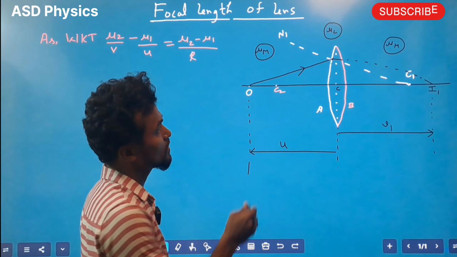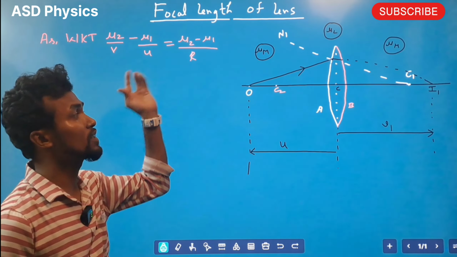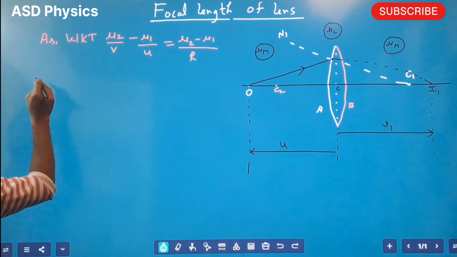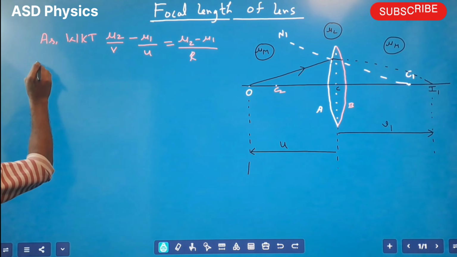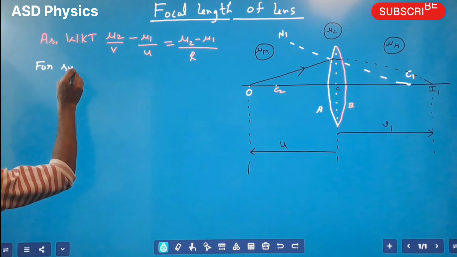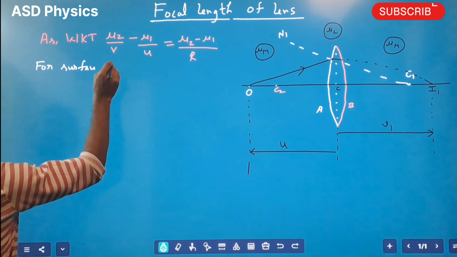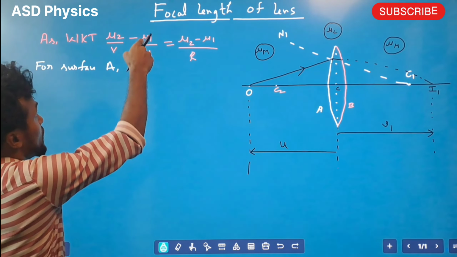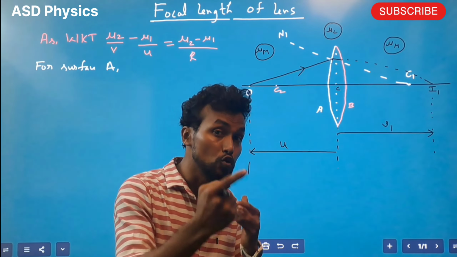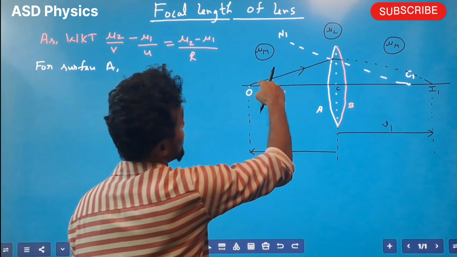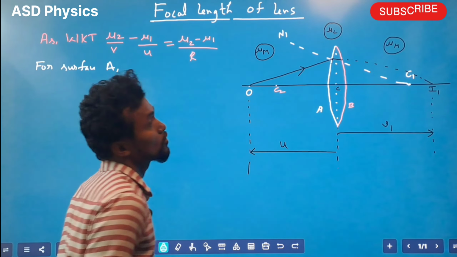So now we are going to use this formula for surface A. Let me change the color here. For surface A, again, mu1 is the medium from which light is coming and mu2 is the medium to which light is going. You can see the light is coming from mu m and going into mu l.